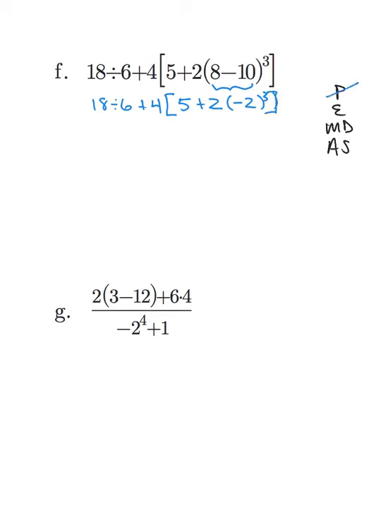Our next step is exponents. Again, we're inside the brackets. So I want to evaluate negative 2 cubed, and I'm going to bring down everything else. We get negative 2 cubed is negative 2 times negative 2 is 4, times 1 more negative 2 is negative 8.